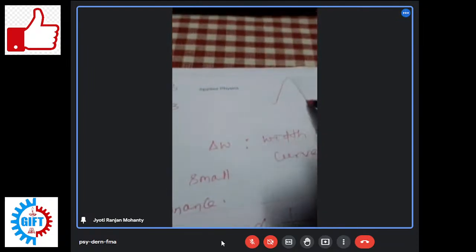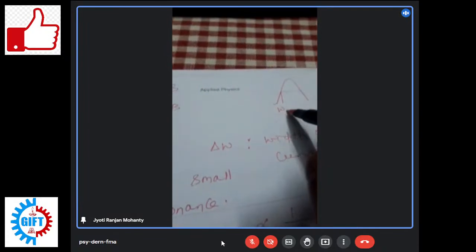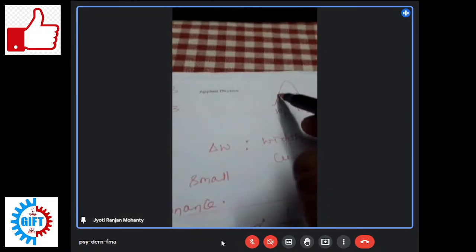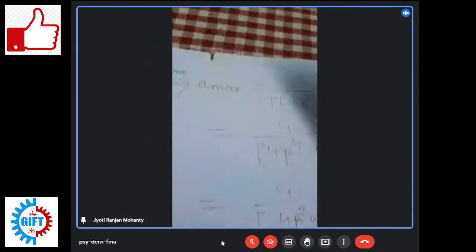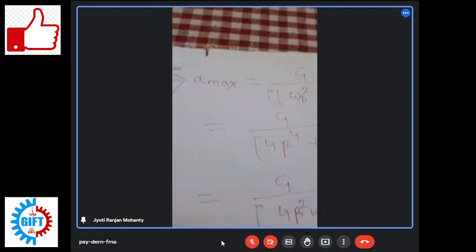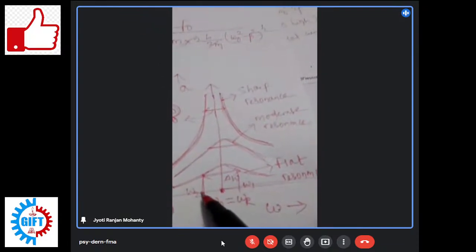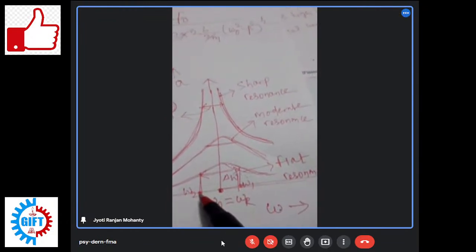Look at my diagram. You have to show the diagram like this. So this is the sharpness. One part is omega 1, another part is your omega 2. So if you take the subtraction, that gives you del omega. You see the previous diagram. Look here. This is omega 1, this is omega 2.